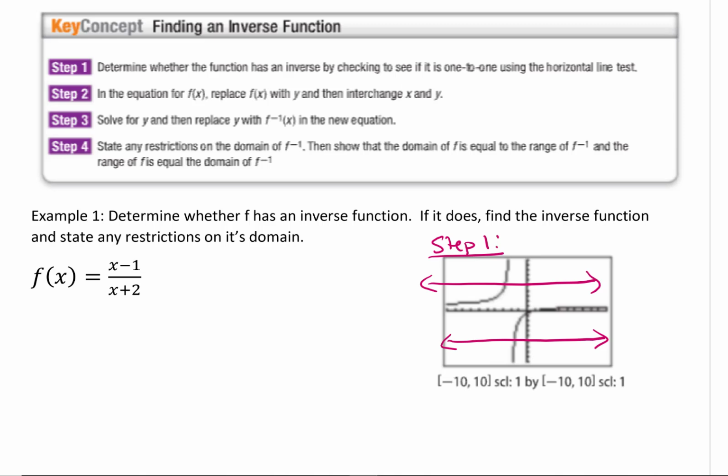So our function does have an inverse, as proven by the horizontal line test. The next step says, for the equation for f of x, replace f of x with y, and then interchange x and y.